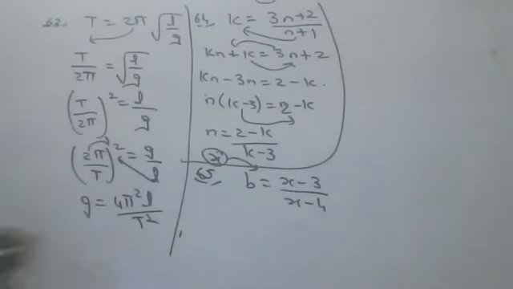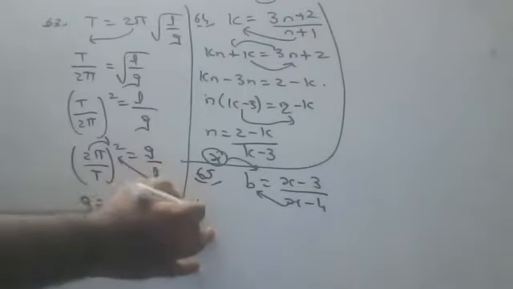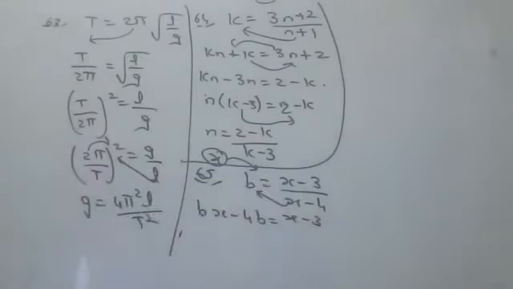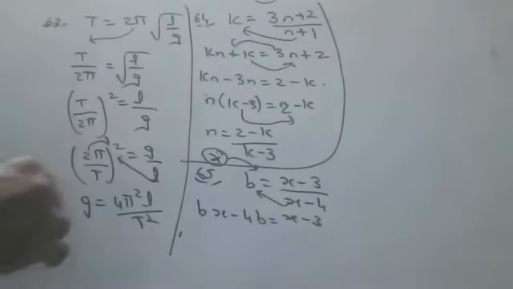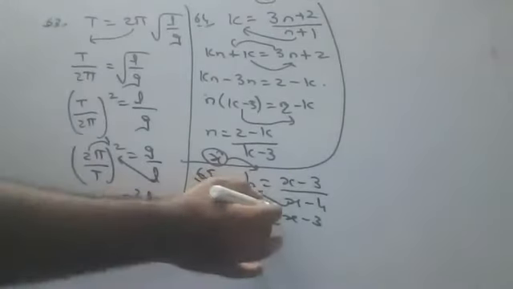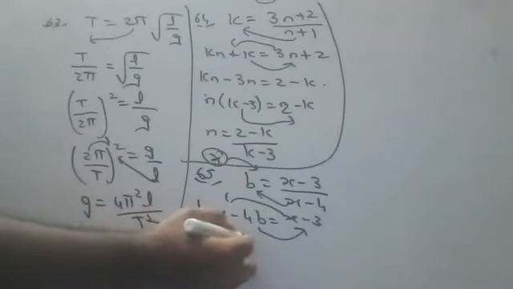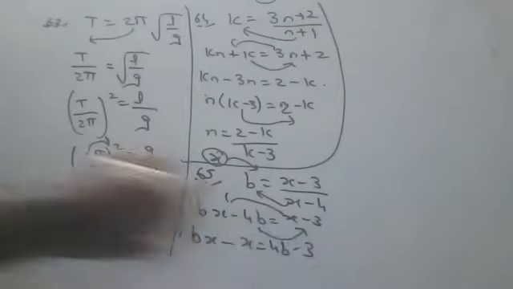So we have to take x up, cross multiply. Okay. Bx minus 4b is equal to x minus 3. Bring all x's on one side. Yes, sir. Bx minus x is equal to 4b minus 3.